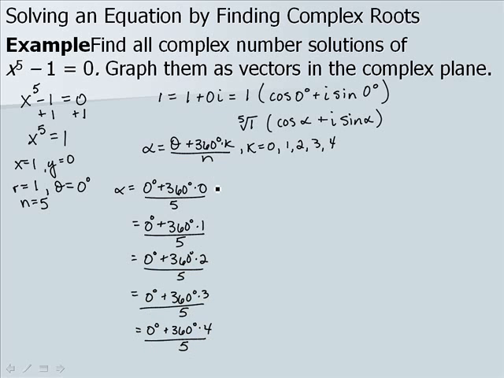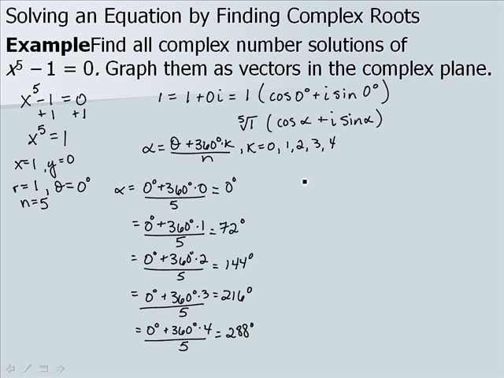We work each of these out, and we'll get 0 degrees, 72 degrees, 144 degrees, 216 degrees, and 288 degrees.